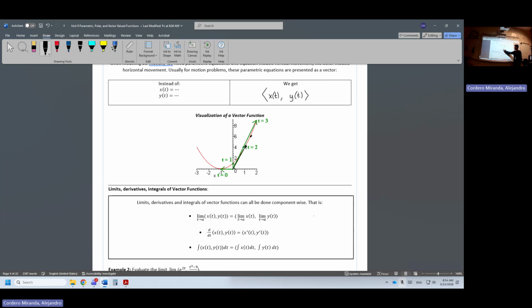So every point on here, you're thinking of it as an arrow pointing from the origin to that point. That's why they're called vector valued functions. But again, you're totally safe just thinking of these as normal functions, like normal points x comma y in this class.